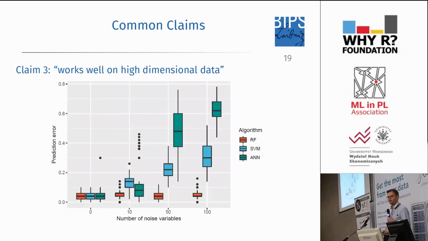And I just tried it out. So I took the iris data set and ran a random forest, a support vector machine, and a simple neural network. And here you see the performance is about the same. They're all quite good. And then I just added random noise variables, 10, 50, or 100. And you see that the random forest doesn't really care.